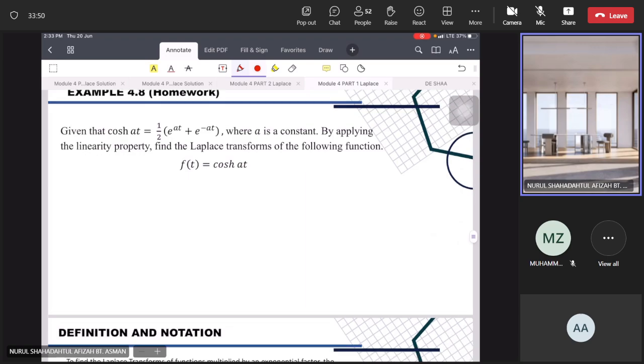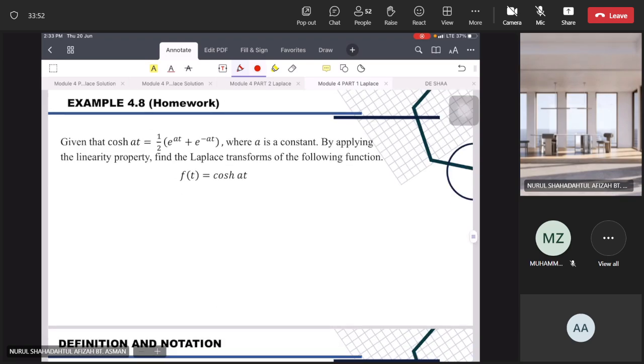Okay, so next example. I think this homework, I think this question I've included in the tutorial. Has anyone done this example? Example 4.8. No, nobody did it. Did anyone get the answer?